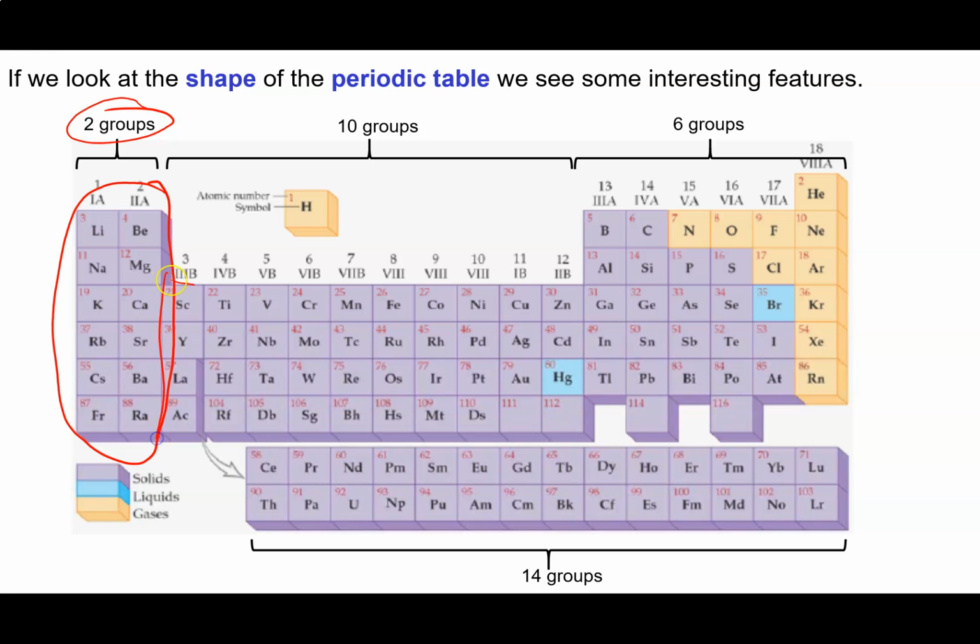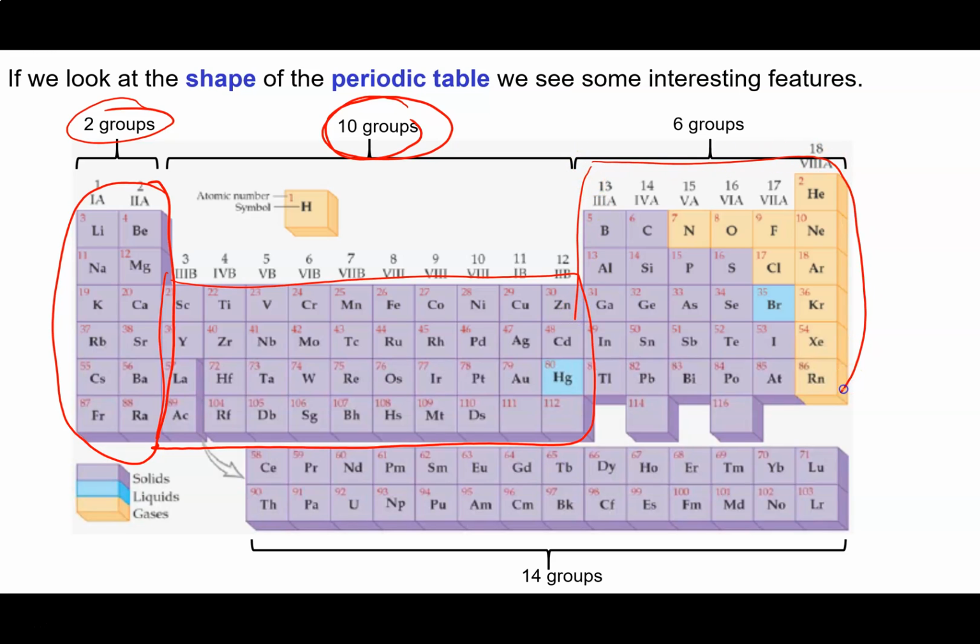In the middle, sitting a little lower than the ends, there are 10 groups. And then on the right, sitting a little higher than the central block, there are 6 groups.